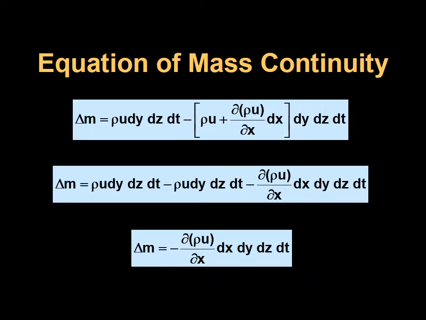Mathematically, if we do the algebra, subtract the two, and distribute the terms, eventually we find that the change in mass is simply the change in the density and the u component of the wind over the x distance, times dx times dy times dz times dt.